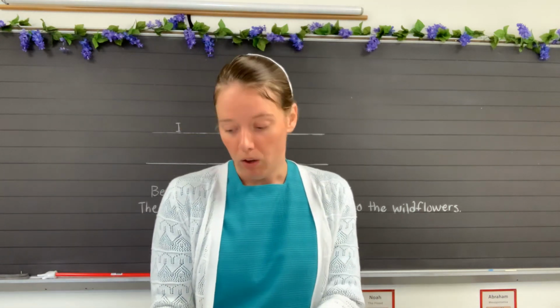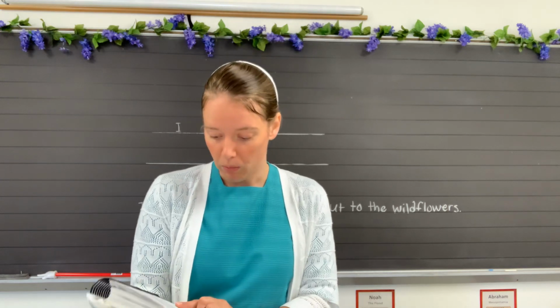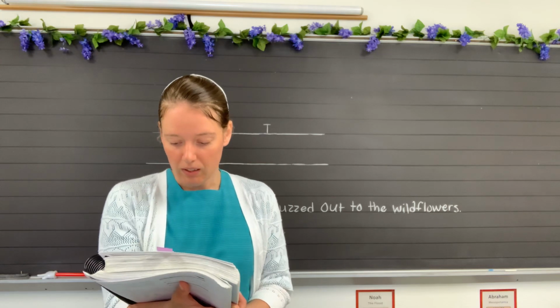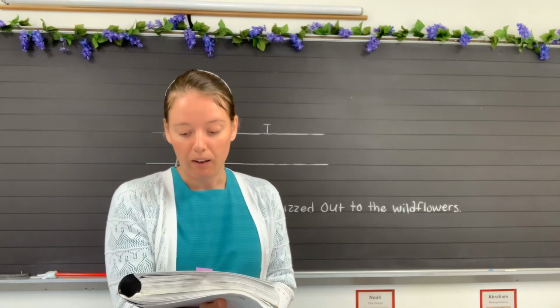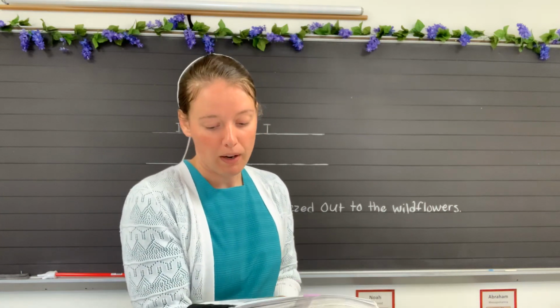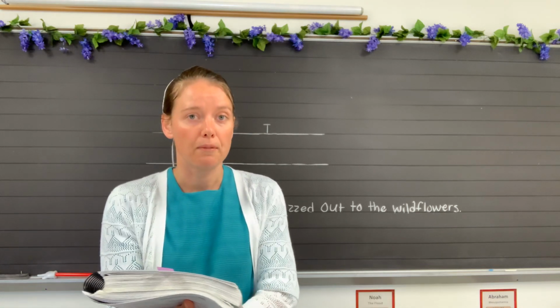You may follow along as I read, so turn to page 2 if you're not there already and follow along with creative writing. It says, Part A, follow these directions. Number 1, go to the library and choose a book. Look at the cover and at the pictures to see if it is interesting. Read a few paragraphs in the book to make sure that it's not too hard to read.